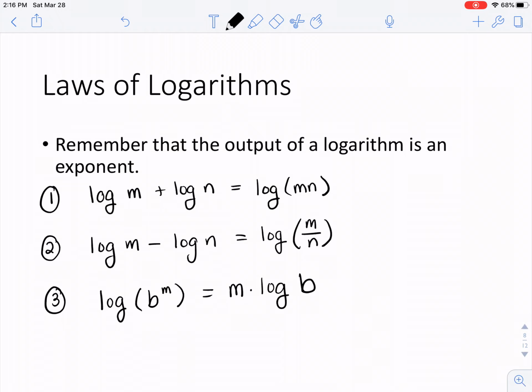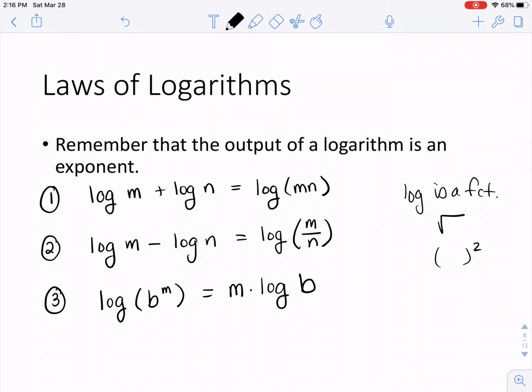So it's kind of like that power rule that we use with laws of exponents. Remember that a log is a function. So it's kind of like a square root symbol. It's kind of like something to the power of 2, etc. It is a log function that we need to be able to use.